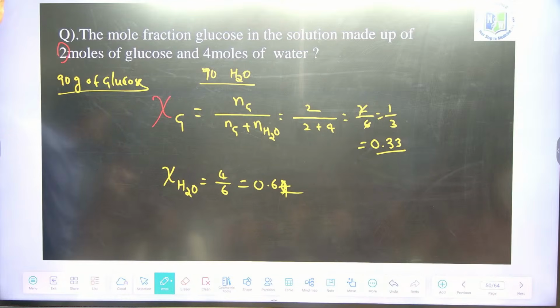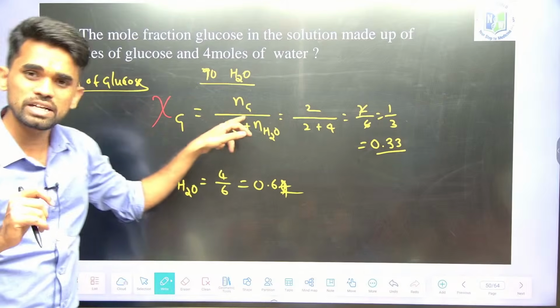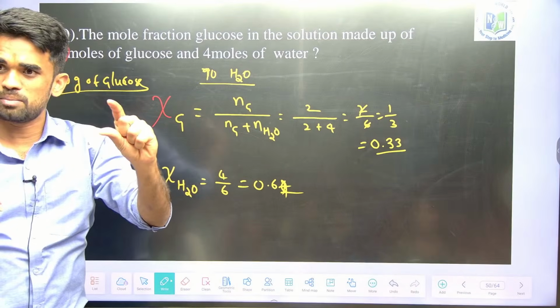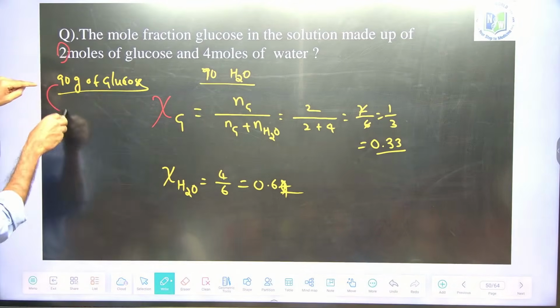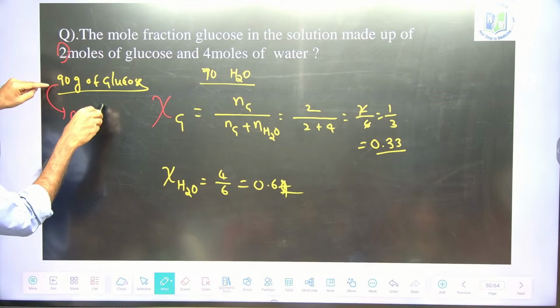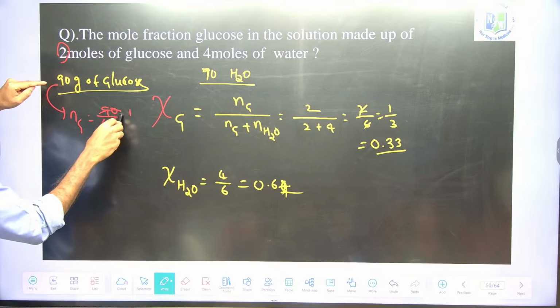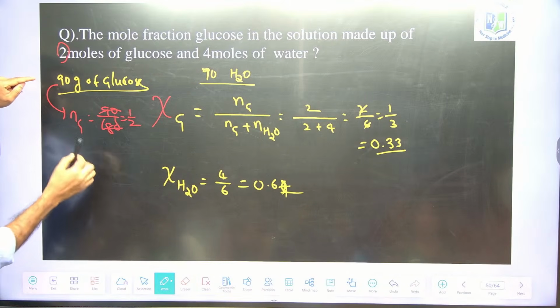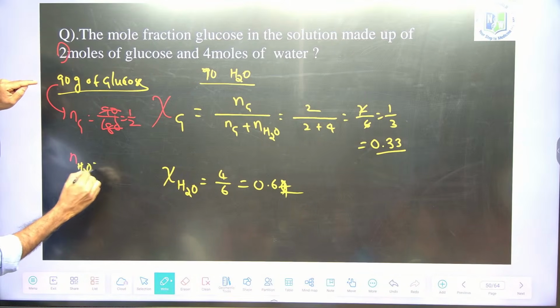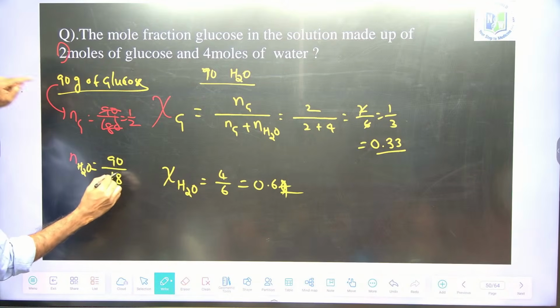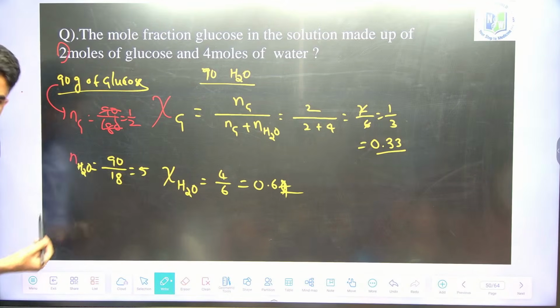It means what to do? First convert into moles. You know the basic formula. What is 90 grams in moles? 90 by 180, so this gives you half a mole. Number of moles of water is how much now? 90 by 18, so 5. Done?